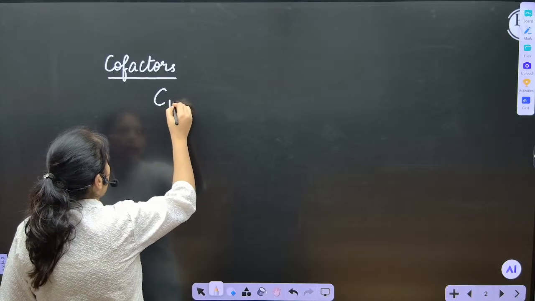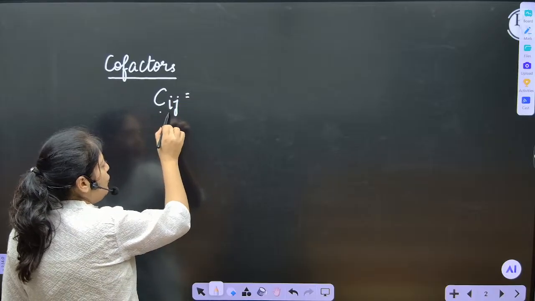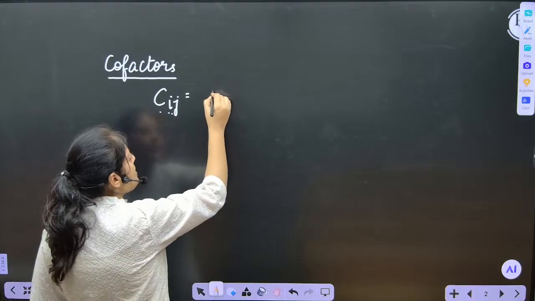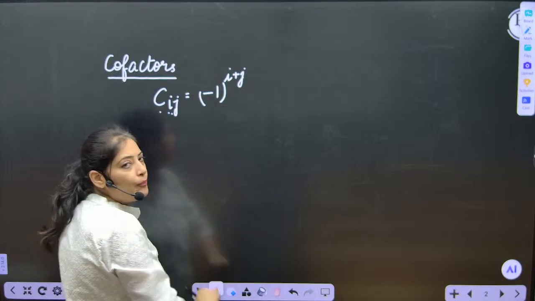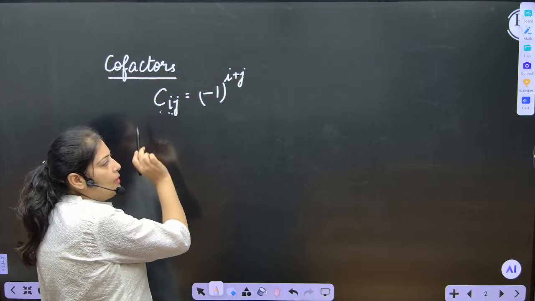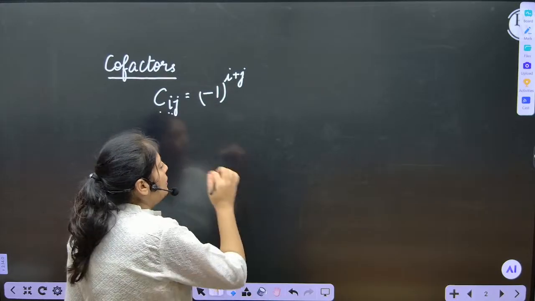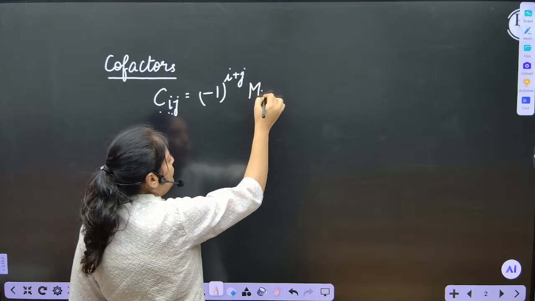So now Cij, that means cofactor of ith row and jth column, is nothing but minus 1 raised to power i plus j, whatever the numbers are here, i and j, that will be added as a power, and Mij.